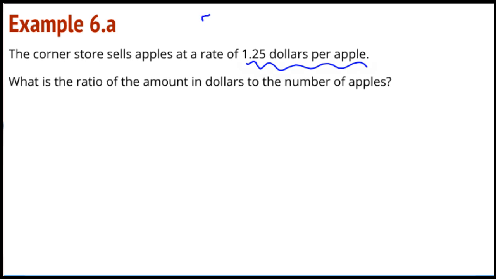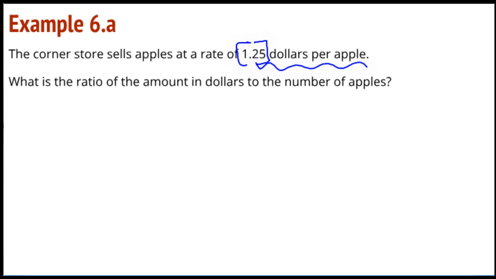The last couple that we looked at, we had the fraction, a ratio of whole number to whole number. And it was really nice to look and just see the fraction and say, oh, here's the 2 parts of my ratio, thinking about our I can statements. But in this one, we've only got one number. All we have is the $1.25. Where's the other part of the ratio?